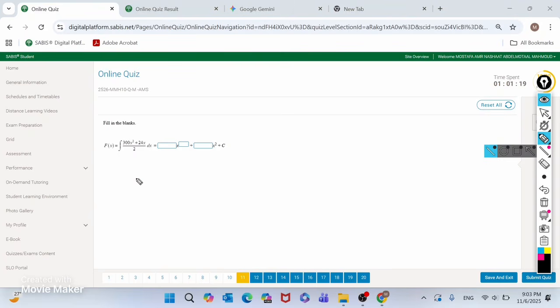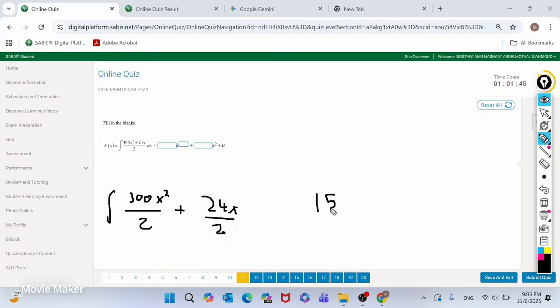Okay guys, this one you just integrate. So let's simplify before we integrate. So 300 x squared over 2 plus 24 x over 2, and just simplify it. You're going to get 150 x squared plus 24x.